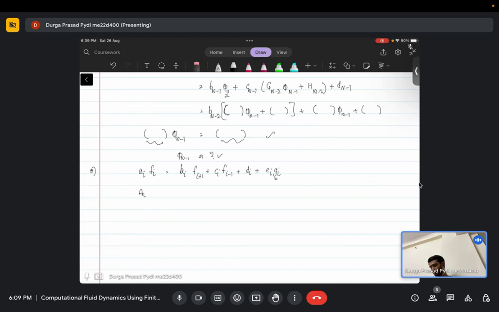So you have ai times Gi equals bi times Gi plus 1, plus ci times Gi minus 1 plus di plus Ei times Fi. So now you have 2 equations and both of them are coupled to each other. So the idea is to use TDMA to solve these equations.